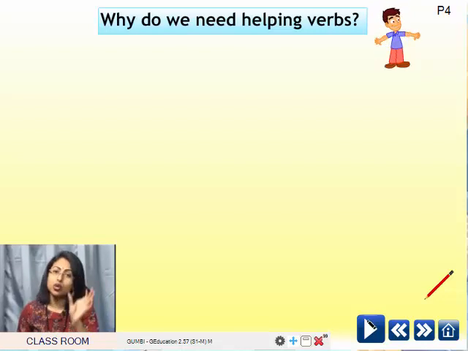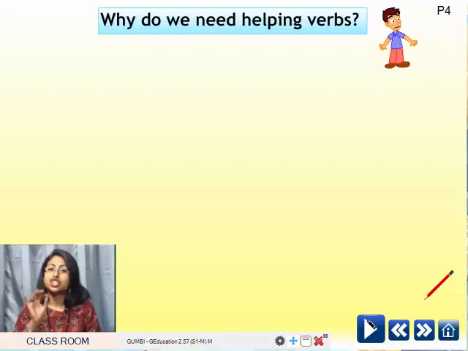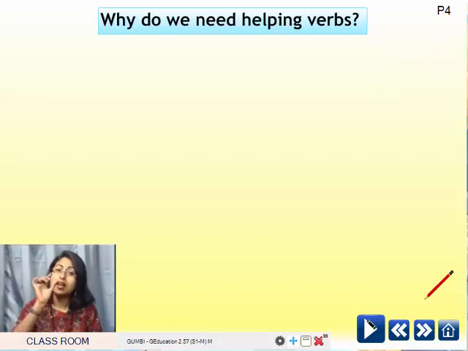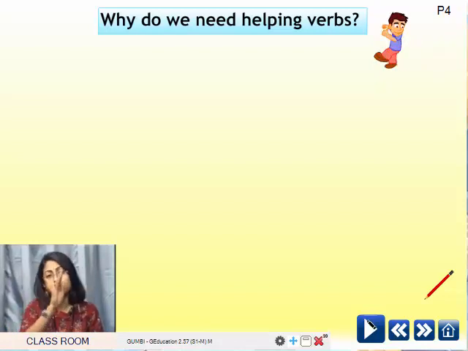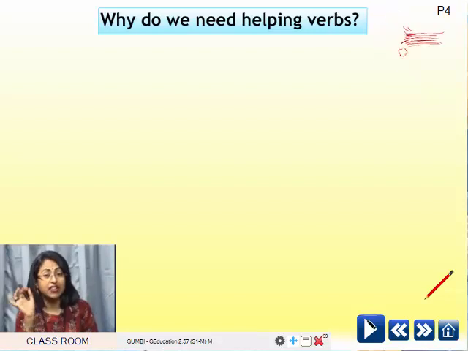If I have to use them in a sentence, I need to use helping verbs. For example, he eating, she running. I have to use helping words to give the correct meaning. For example, he is eating, she is running.